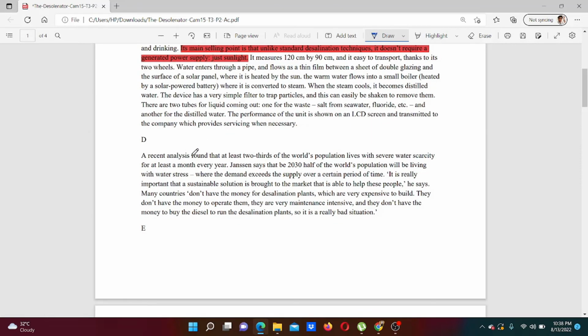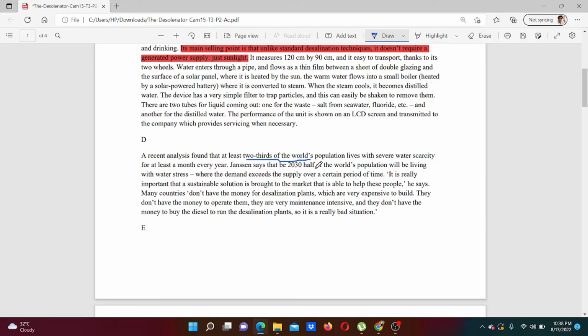A recent analysis found that at least two-thirds of the world's population live with severe water scarcity for at least a month everywhere. Okay, so they are mentioning a number: population lives with severe water scarcity.